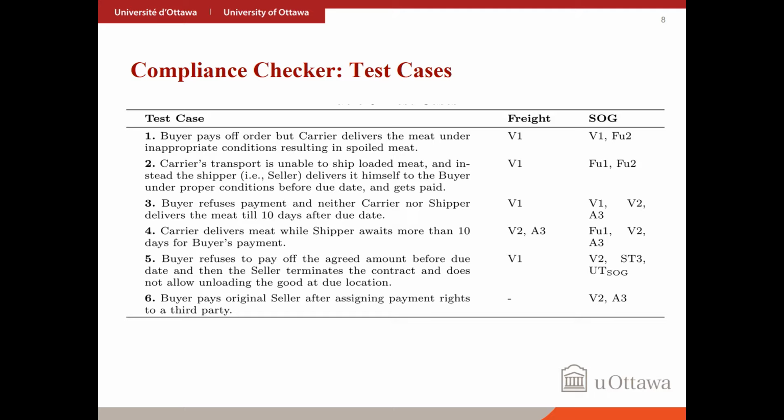These test cases cover many possible states of obligations, powers, and contracts, especially boundary cases. The last column shows expected states of freight and sales of goods contract after execution of the test case. V, FU, and so on are abbreviations for violation, fulfillment, and other states of norms and contracts.